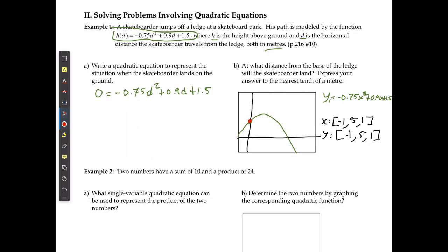And I can see this is where he started. He launched over and to the right. And then this is where he actually landed.